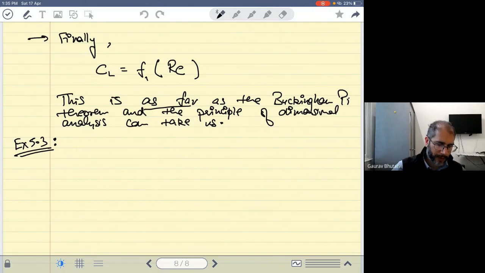So 5.3 is regarding a centrifugal pump. You have a centrifugal pump, and in a pump you have to give it some power, and when the fluid passes through the pump, the pressure of the fluid is increased. So that energy that we supply to the pump is converted to some sort of pressure energy of the fluid.